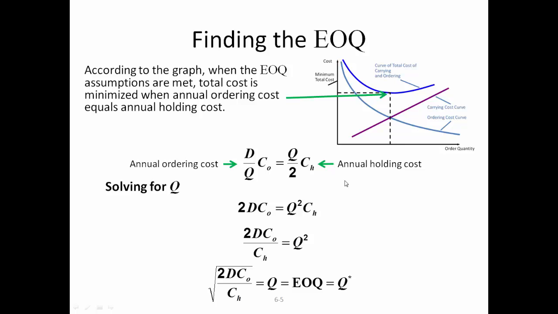And when we isolate Q to one side, we find that Q is equal to the square root of 2 times my demand times my ordering cost divided by the cost of holding.